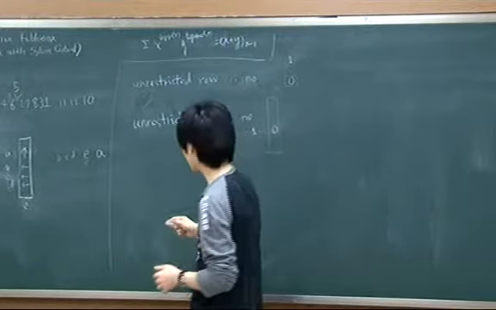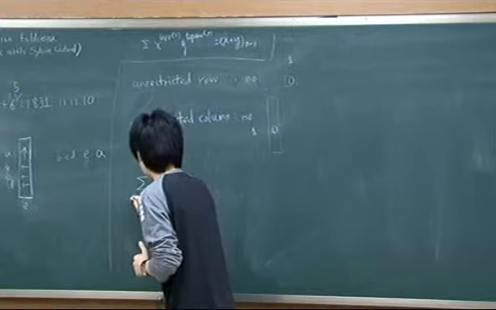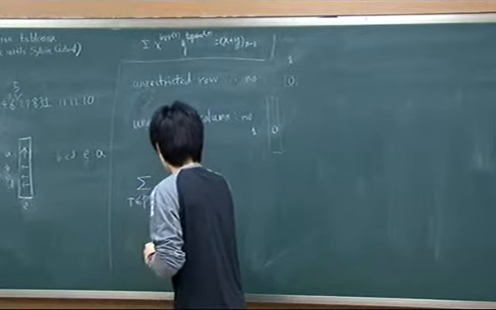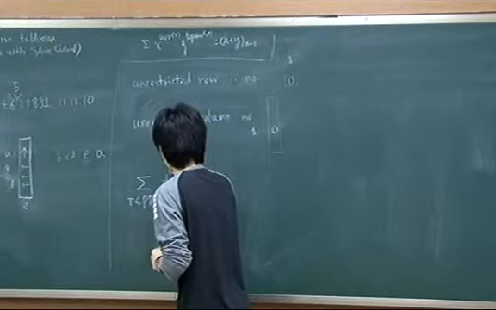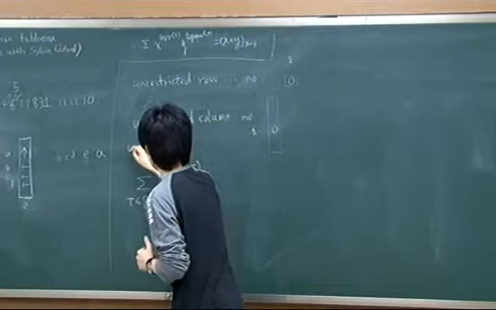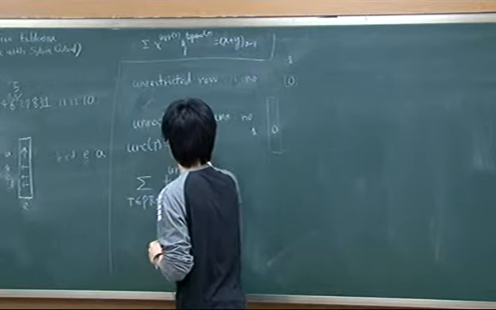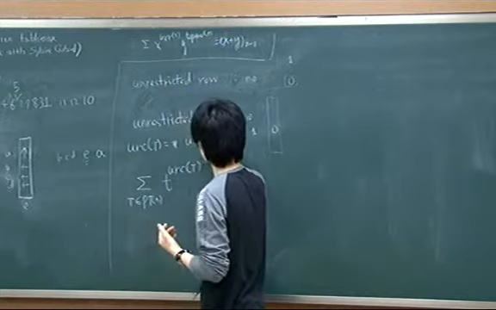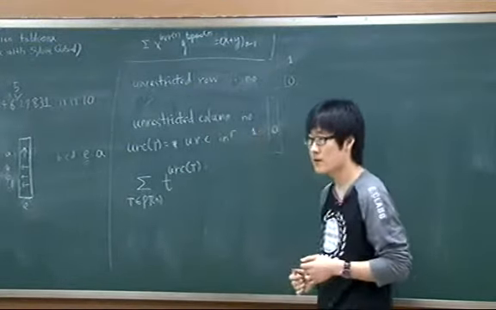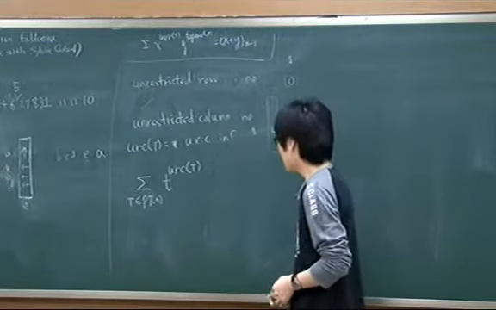And we considered this quantity. For a permutation tableau T, we take t to the number of unrestricted columns in T. We don't delete anything here.